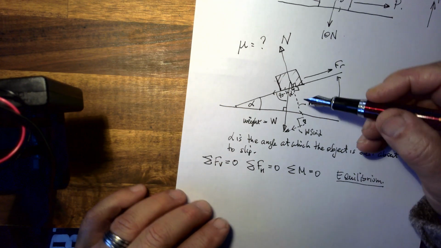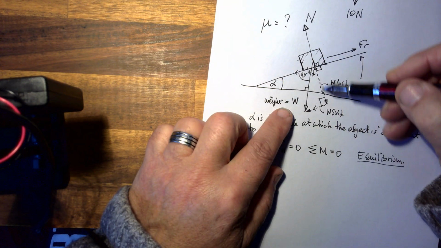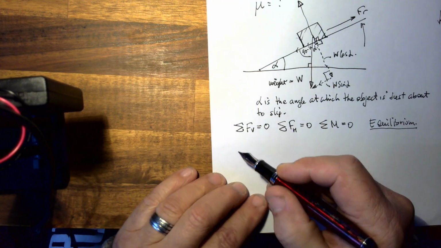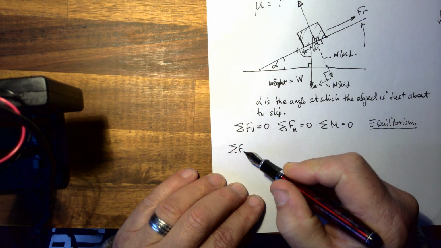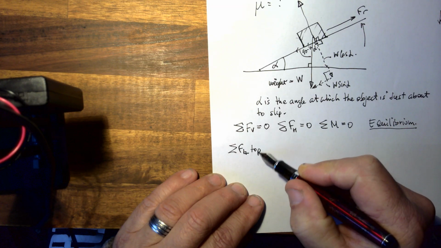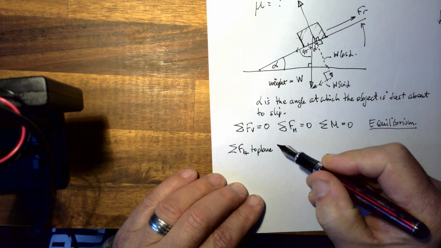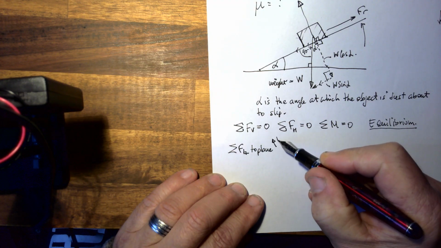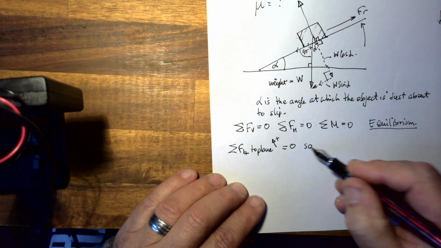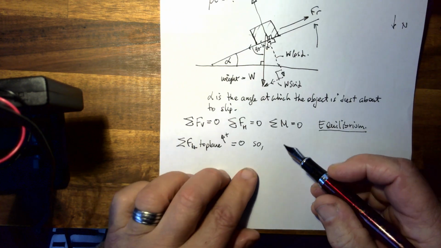Okay, so now let's look at all the forces which are at right angles to the plane. So I'm going to do the sum of the forces which are at right angles to the plane, and I'm going to make upwards positive. They have to equal 0. So here they are.